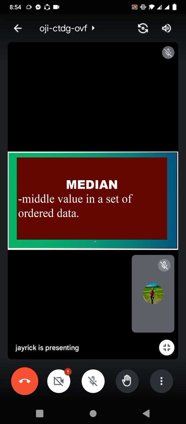First, we have to put all the values in order, from lowest to highest. That's the first thing we've got to do in determining the median.